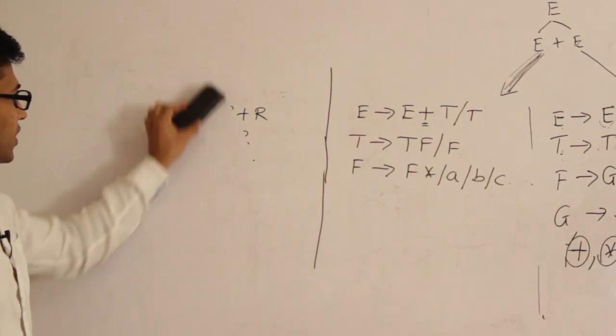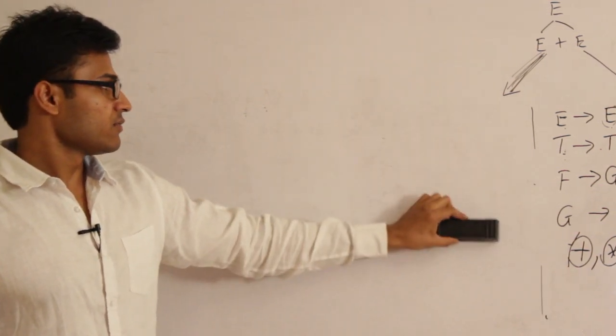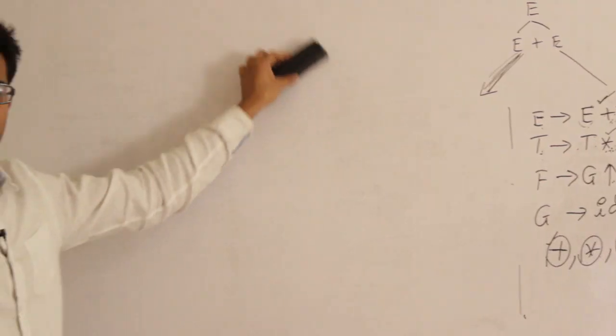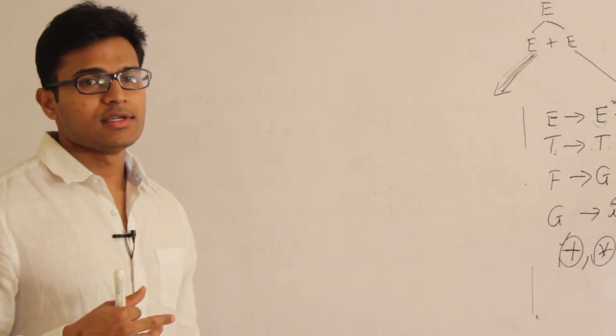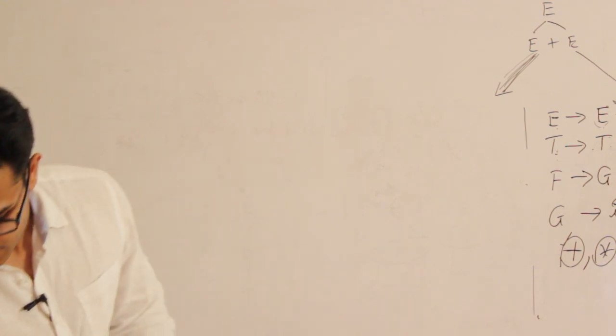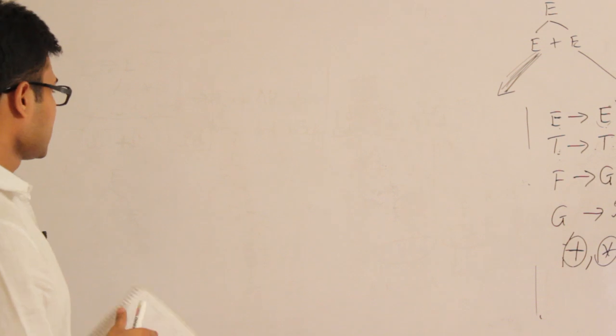So let's see one more example. Now given a grammar, you can find out whether it is ambiguous or unambiguous, and if I give you any unambiguous grammar, you could even say the precedence rule. So let's say one example is this. It is one of the previous GATE questions.